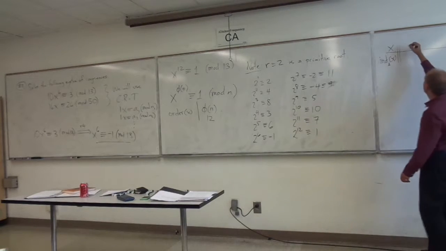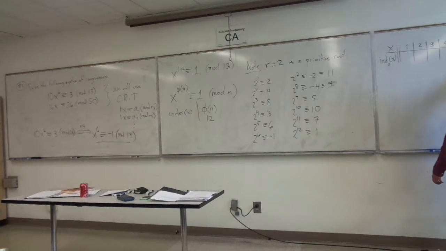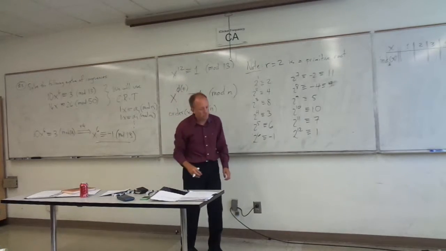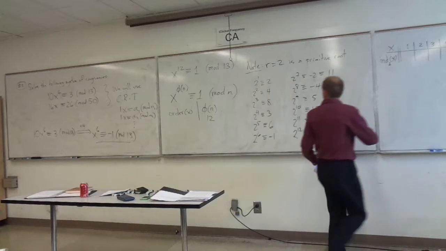So we just write down all of our numbers up through 12: 9, 10, 11, and 12. And then we just use the information that we have here.